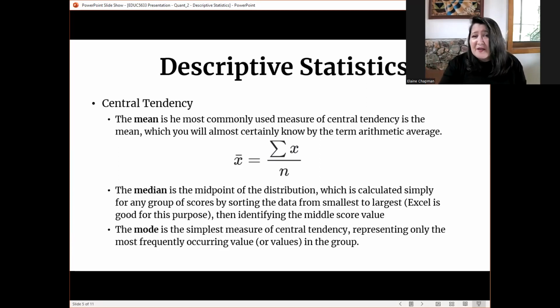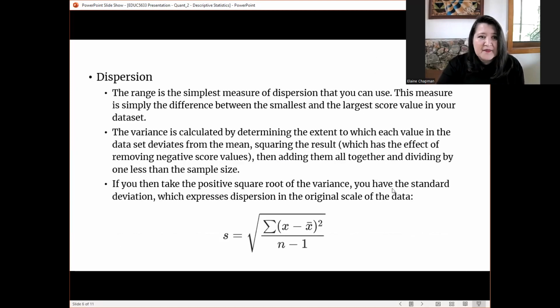But in actual fact, the mode is very rarely used in quantitative analysis. It can be used in simple situations like picking which one of these is nominated most frequently by a group of people in terms of popularity or something of that kind.